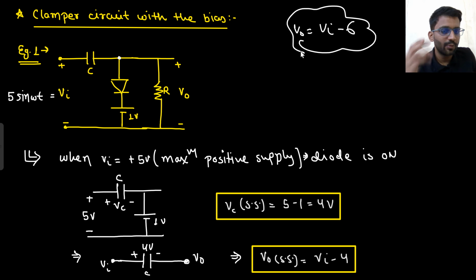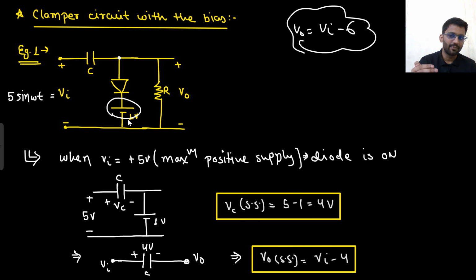Because if you want your output to be Vin minus 6, that means you want your capacitor to be charged to 6 volts. If you want your capacitor to be charged to 6 volt, that means you need to put a minus 1 volt battery here. So if you put a minus 1 volt battery here, the capacitor will be charged to 5 minus (minus 1), that means 6 volt. So your steady state output will be Vin minus 6. That's it. Able to visualize everything?